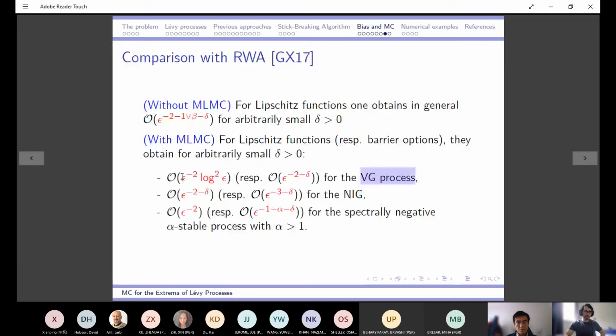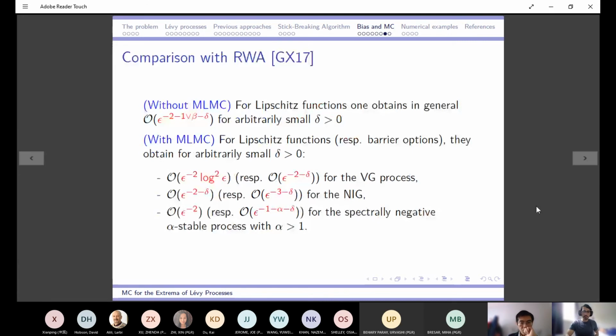It will get anywhere close to epsilon to the -2, sometimes optimal. Sometimes it's near optimal, so you only need this additional logarithm squared. Sometimes you get epsilon to the -2 minus delta. And this is all, of course, if you work with Lipschitz functions, right? So if you have a nice call option, a put option, or a mean drawdown, stuff like that.